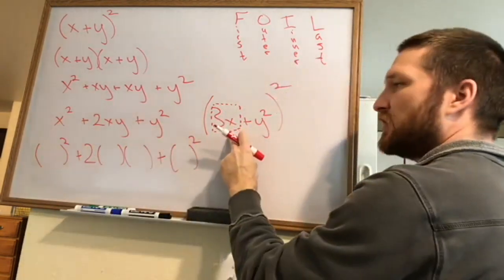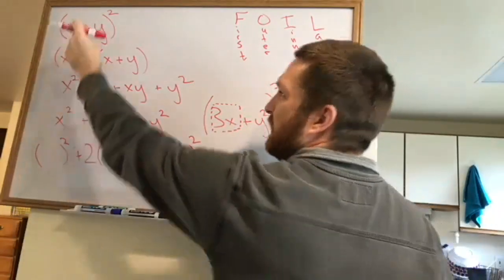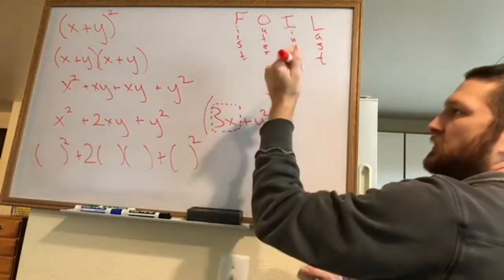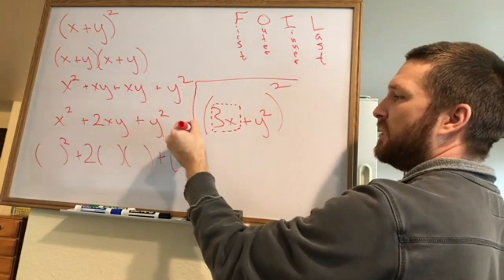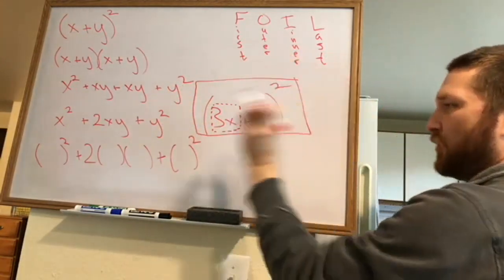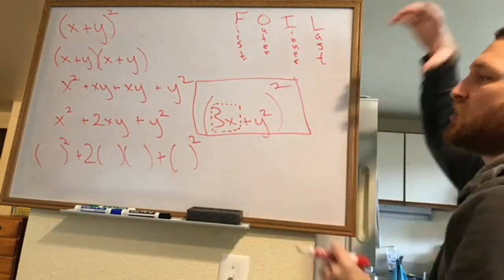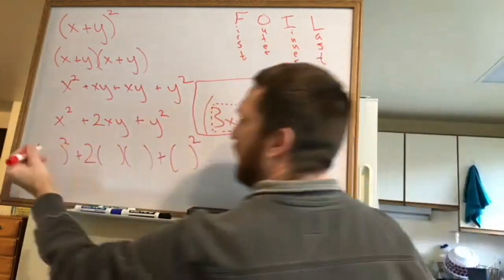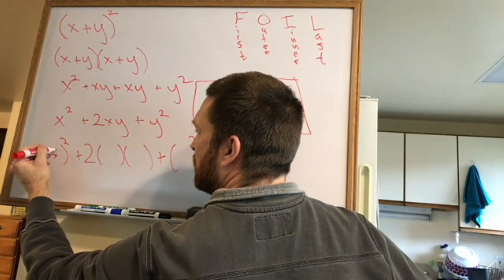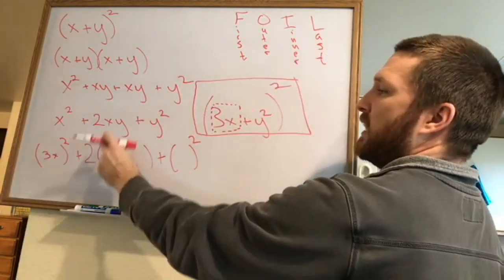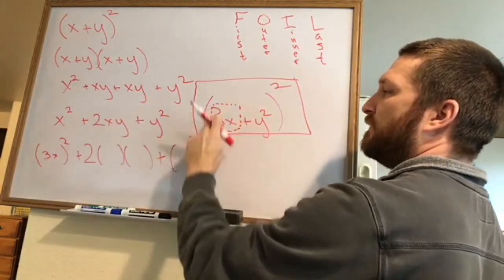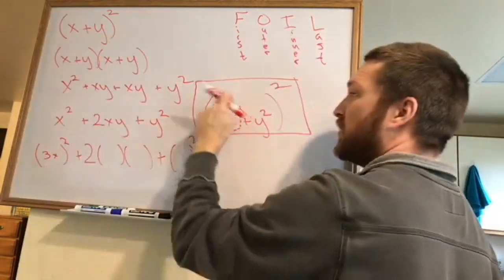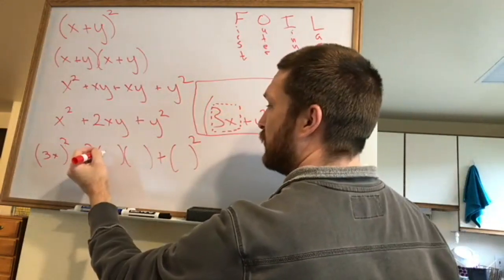We're trying to compute this value, 3x plus y squared quantity squared. That's a perfect square, so I plug in 3x. That was the first thing here, what we took in the beginning. So 3x goes here.